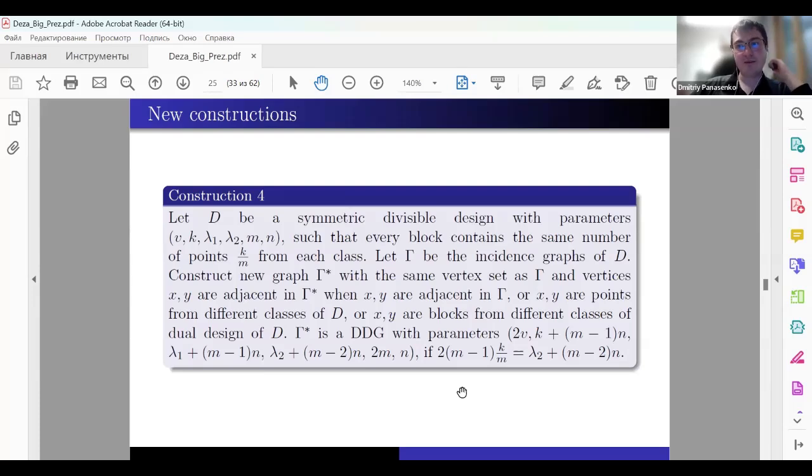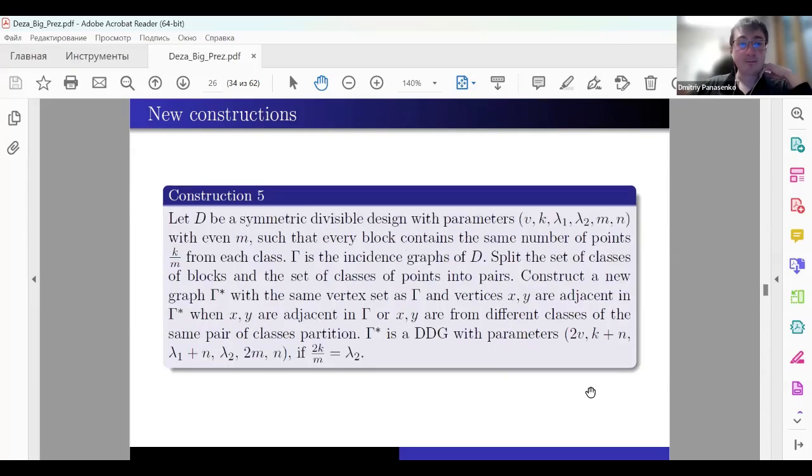And in this graph, the vertices will be adjacent if they were adjacent before, or if these two vertices are points from different classes of divisible design D, or if these vertices correspond to blocks from different classes of the dual design. If we have the nice equality 2 multiplied by (m minus 1) multiplied by k divided by m equals lambda 2 plus (m minus 2) multiplied by n, we can have a divisible design graph as well.